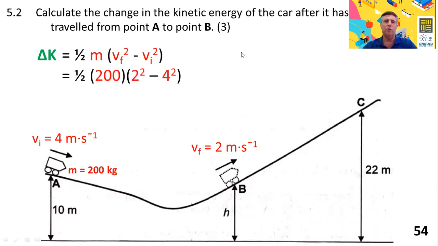Putting in our values, and just be careful to remember that the final velocity is this one, 2. Initial velocity is 4. So we're actually going to get a negative answer, and we get delta K is minus 1,200 joules. So its kinetic energy has decreased by this amount in traveling from point A to point B.